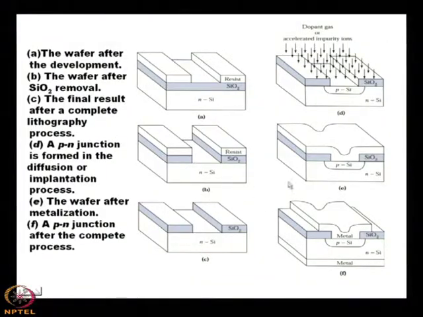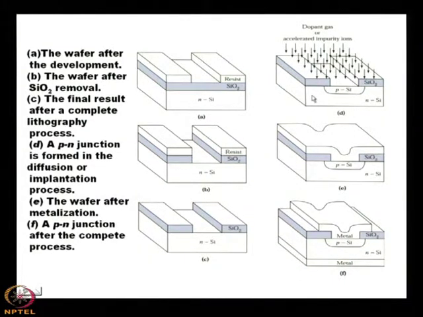Okay. So, that means you have restricted the diffusion or ion implantation of the P type material on the SiO2 regions. That means through SiO2 nothing will be penetrated; only where there is no SiO2 will there be penetration of the dopant gas and the PN junction will be formed.